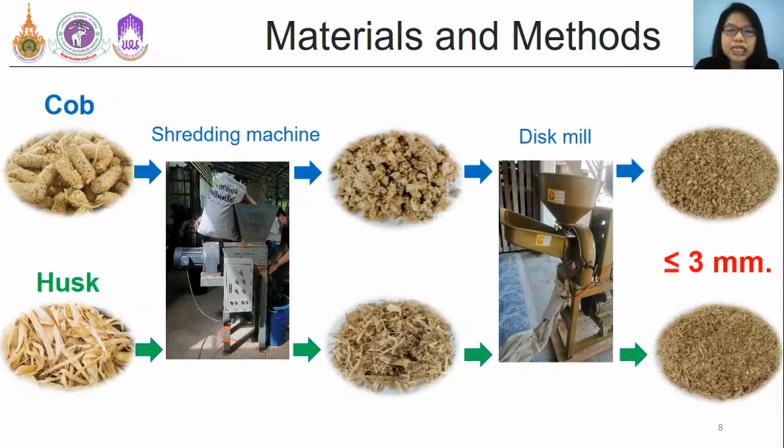In this study, corn cobs and corn husks were used as the raw material. They were torn off with a shredding machine, then further ground using a disc mill to obtain the particle size less than 3.0 mm.